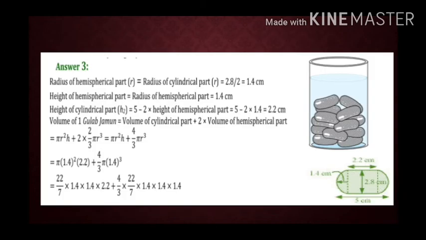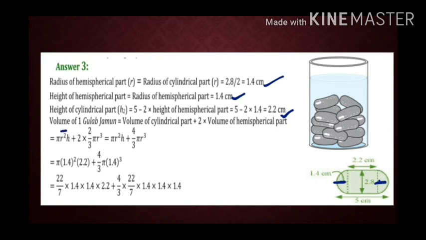Radius of hemisphere is 1.4, height of the hemisphere as well as radius of hemisphere is 1.4, from here to here it is 1.4. Now, height of the cylinder will be 2.2, I explained it in the previous slide.